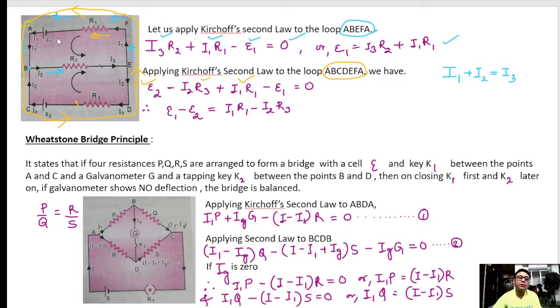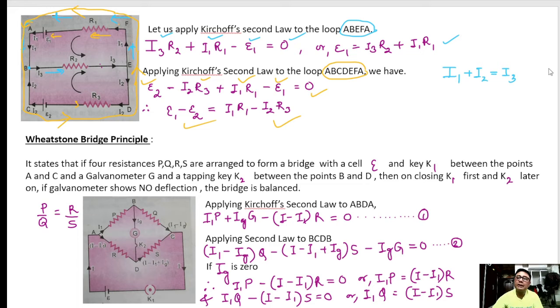Then we are going from the negative terminal to the positive terminal, so we will take minus E1, and the loop is finished, so that is 0. So from here we are getting E1 minus E2 equal to I1 R1 minus I2 R3.